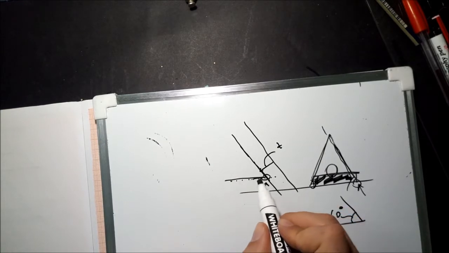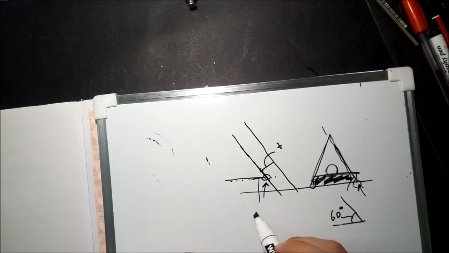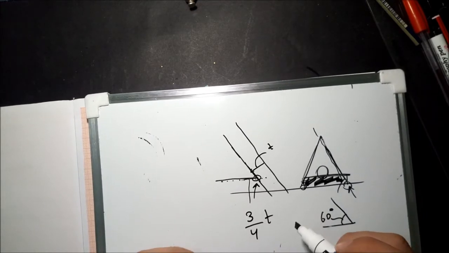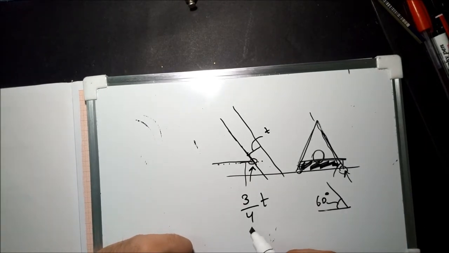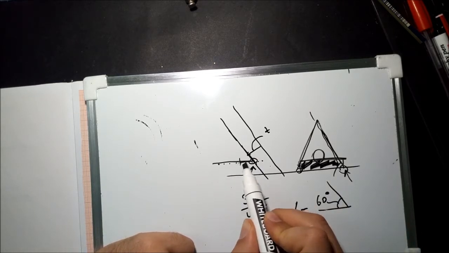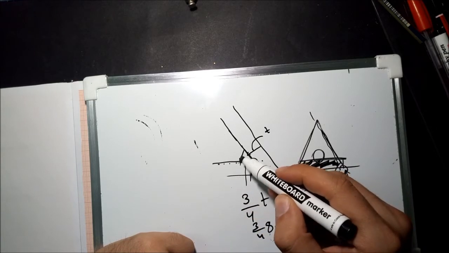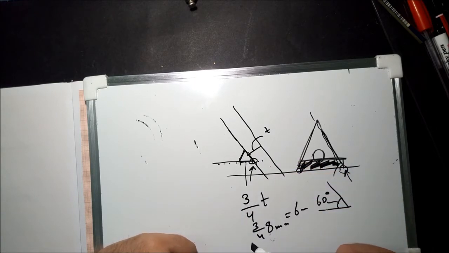From this point we are going to take, this is important, 3/4 of a T. Therefore, if we got T to be 8 millimeters, 3/4 of that would equal 6 millimeters. This would be the width of the inner triangle that will close like this.